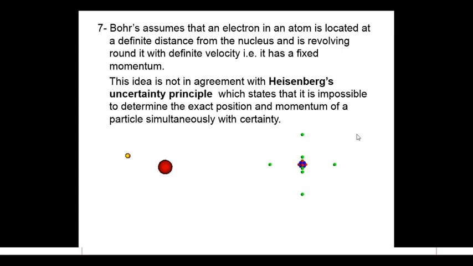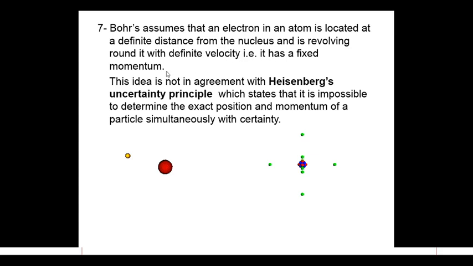The uncertainty principle states that it is impossible to determine the exact position and momentum of a particle simultaneously with certainty. That means if the particle is moving, we cannot accurately measure its position and momentum simultaneously. But Bohr tells us that the electron is revolving in a fixed orbit with fixed velocity.